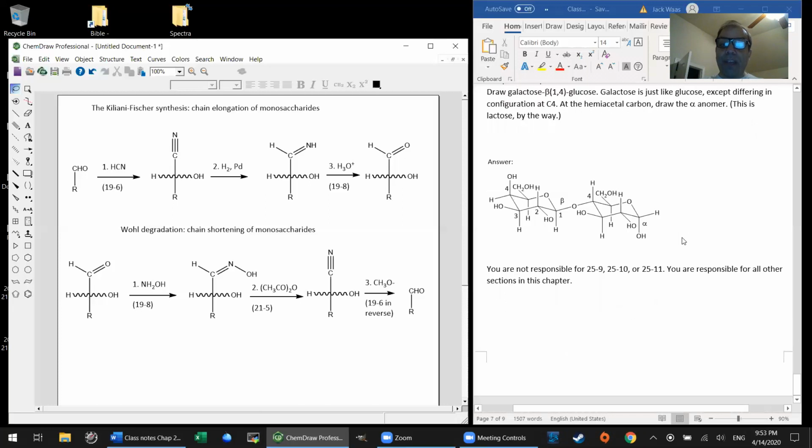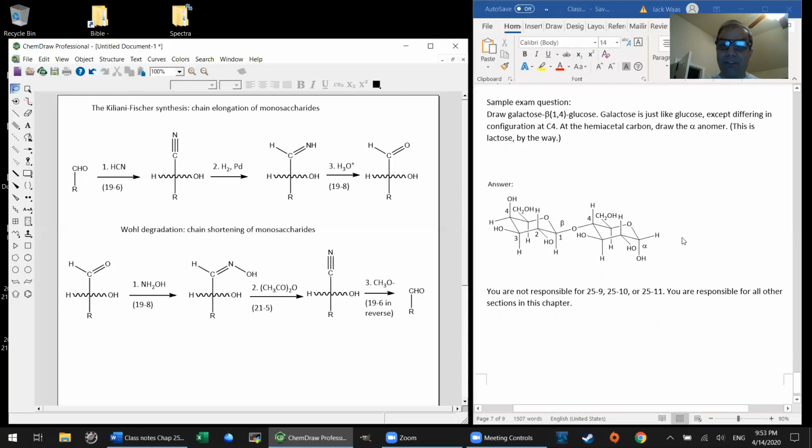One of the things, and really the last task I wanted to give you in this chapter, is I think it's reasonable for you to be able to draw simple disaccharides, given enough cues. I even went as far as saying sample exam question. Please try not to get too overly married to the exact wording here. The idea is just to give you enough information.